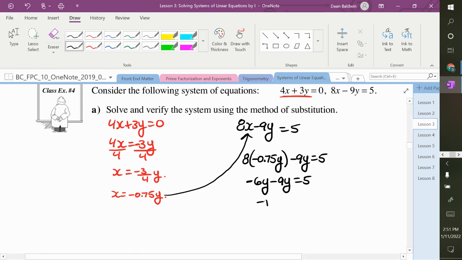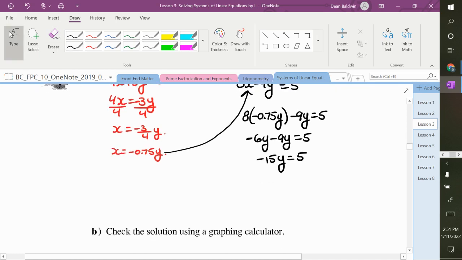Negative 15. What's my final step? Divide by negative 15. Now you could reduce that to negative 1/3. Or if you want to do the decimal, negative 0.3 repeating.